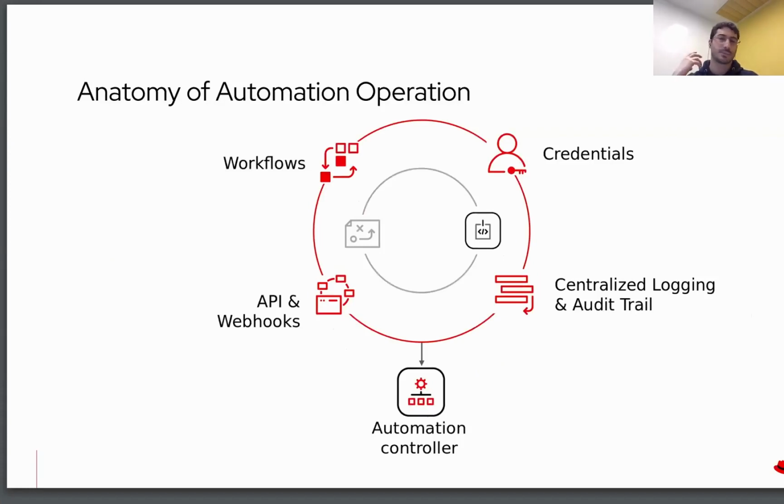So for instance, you will need to have APIs or webhooks to integrate the Ansible automation parts with ServiceNow, for instance, for ticketing, or maybe some approval system within the company, or some other tools that will make sense to be able to trigger by Ansible, or vice versa, to trigger Ansible.